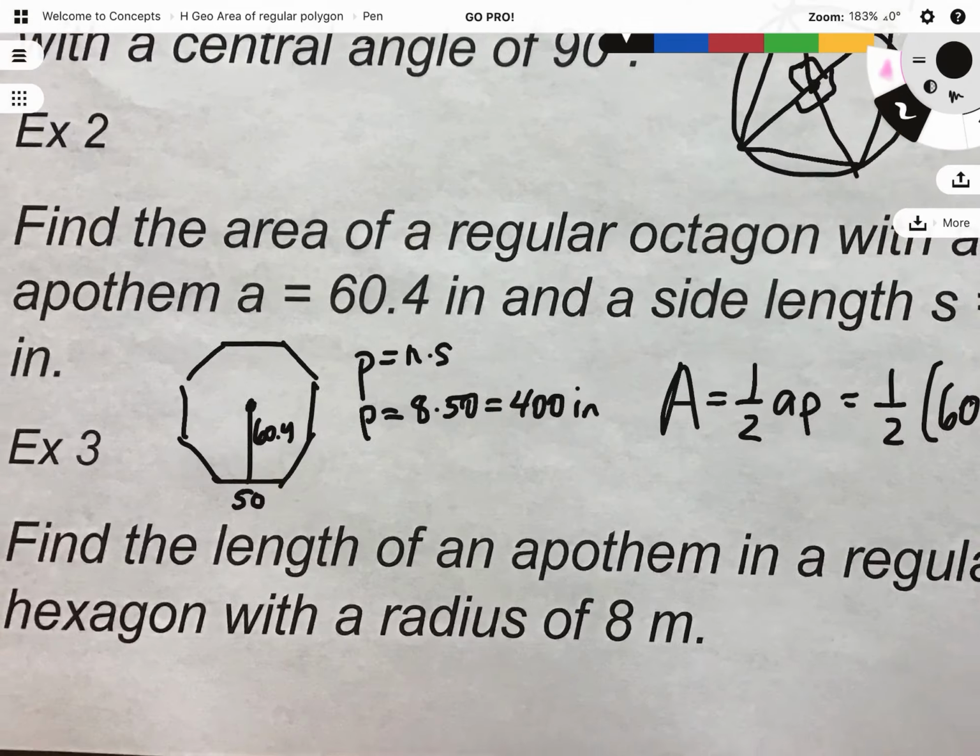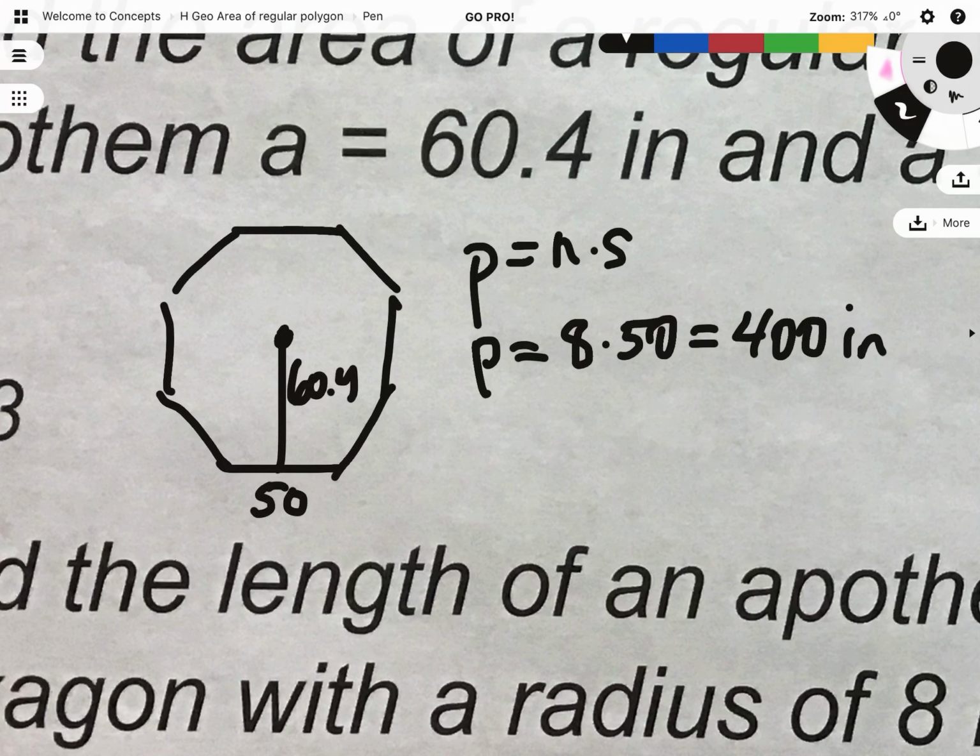And so we could have figured out what that side length was if we weren't given it, basically by finding the angle measure here. So let me just draw that real quick.